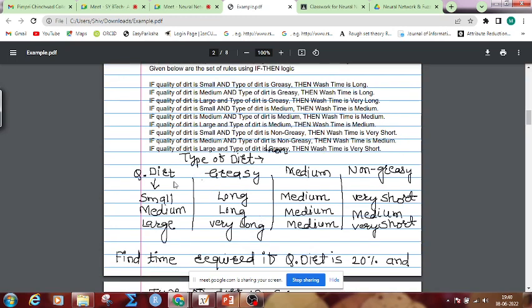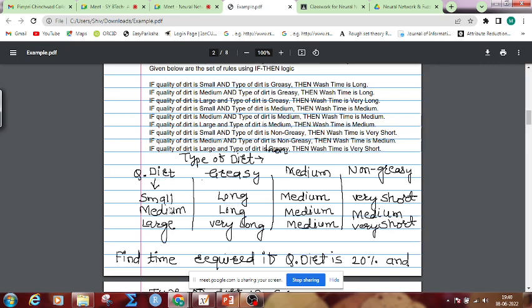How can you read this? On this side I am considering quality of dirt, and on this side type of dirt. When quality of dirt is small and type of dirt is greasy, what will be the required time? It will be long.